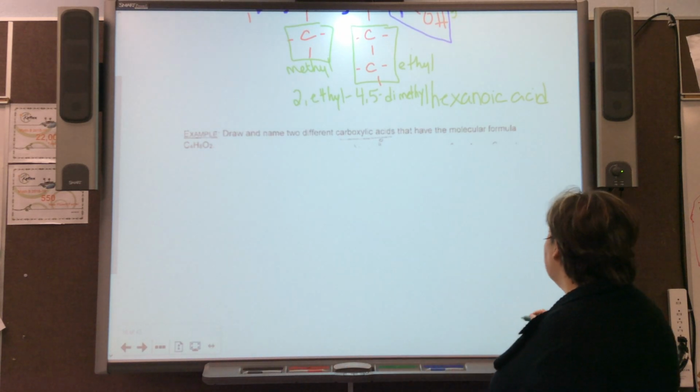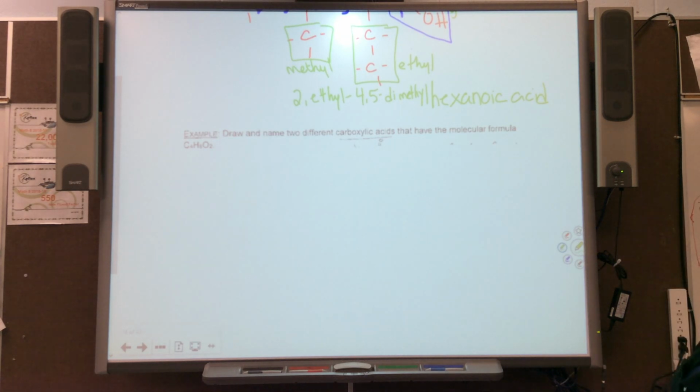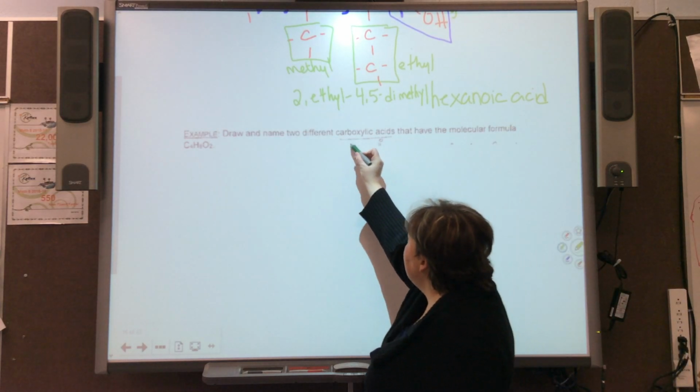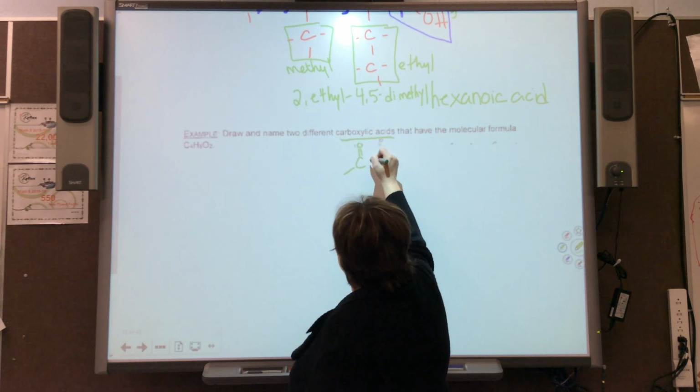So now we have this kind of question. It says draw and name 2 different carboxylic acids that have the molecular formula of C4H8O2. So we get to come up with the picture. This means that the first carbon has to look like this.